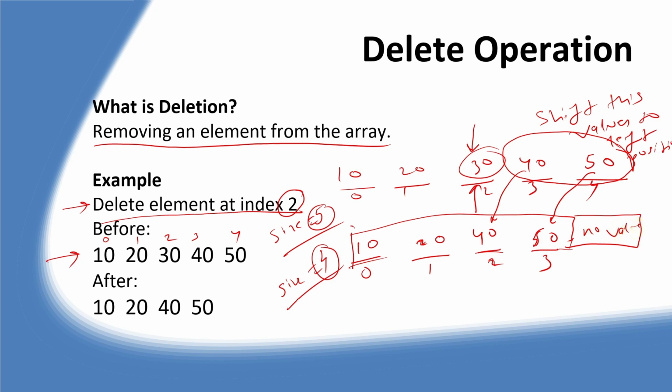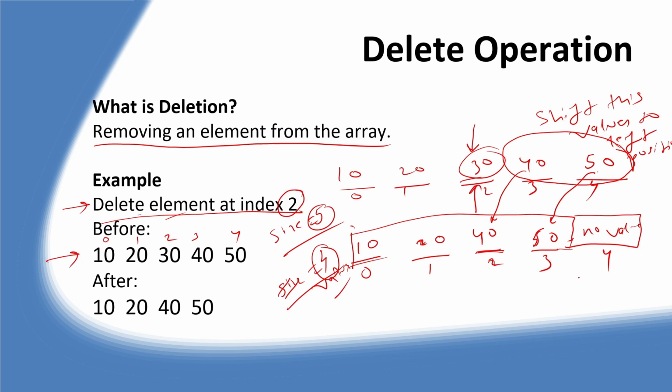We cannot alter the size. I mean here we will have 4 values since we are deleting one element. Here also we have size 5, but we have shifted 40 and 50 one position to the left, and that's how the value 30 at index 2 got deleted.